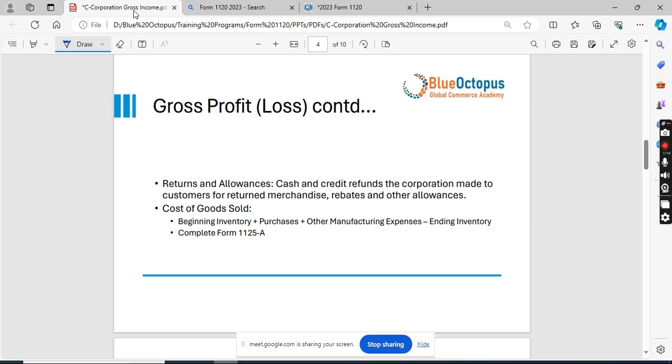So that becomes returns and allowances. Obviously it has to be reduced from the total sales or gross sales to reach the net sales. So gross receipts minus returns and allowances will give you net receipts, right?